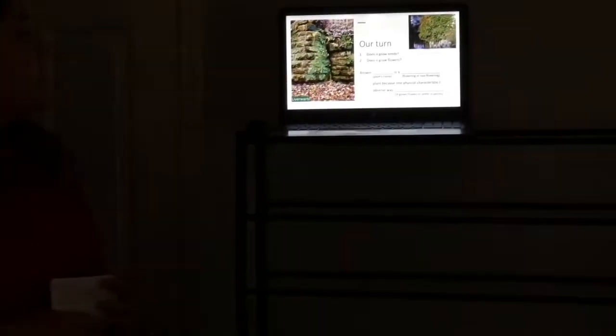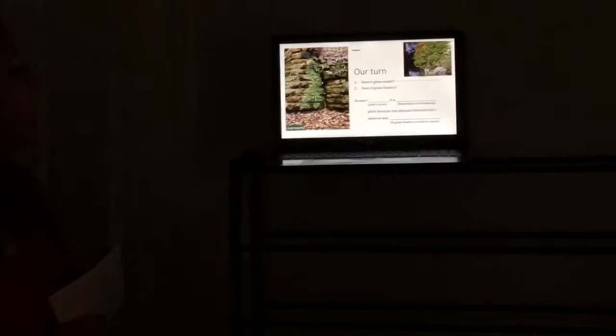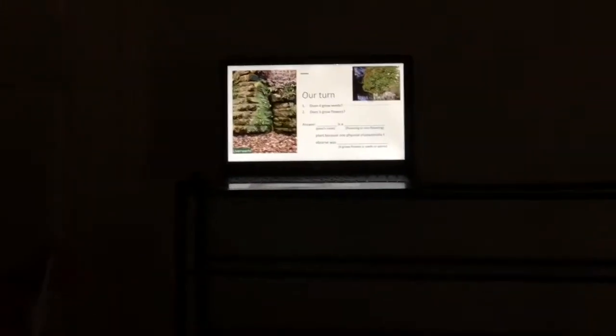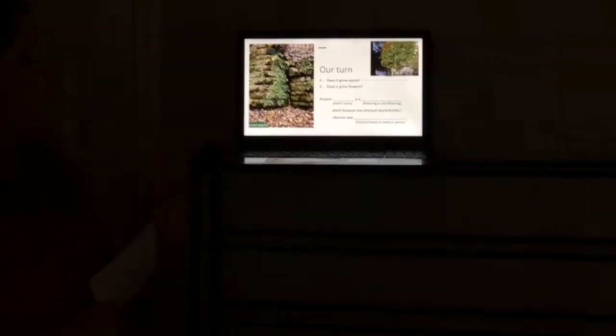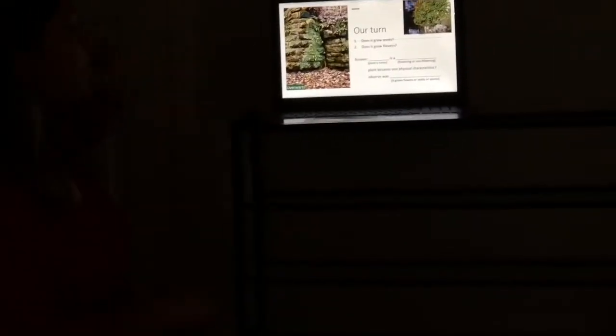So let's pretend we already gave you a lot of time to think. Question number 1. Does it grow seeds? Well, we can't really tell if it grows seeds because it's spread out. I don't see any flowers on it, so I'm going to go with no. Question number 2, does it grow flowers? No, we don't see any flowers there, right? It looks like it's been spread out by itself.